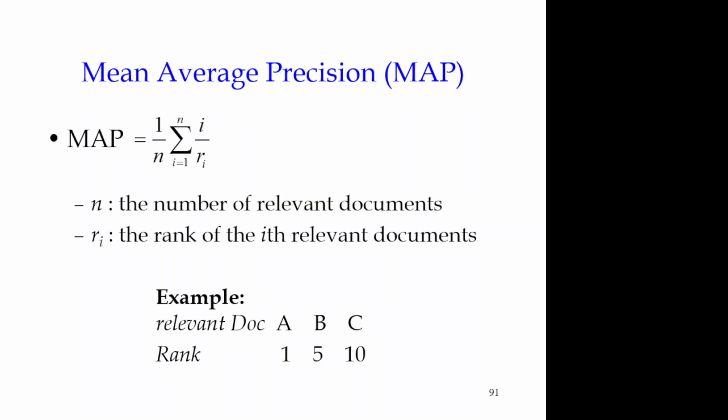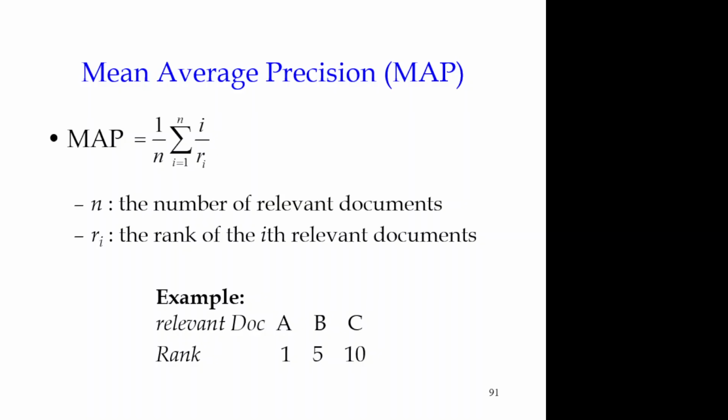Before the 5th position, there are 2 relevant. So if we only check the first 5 results, the precision is 2 over 5.